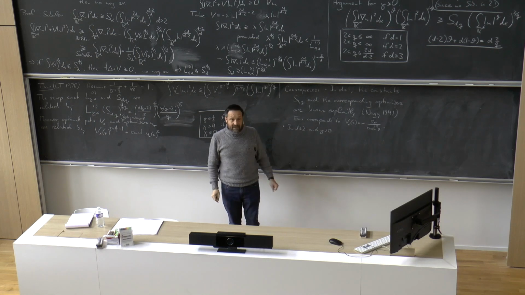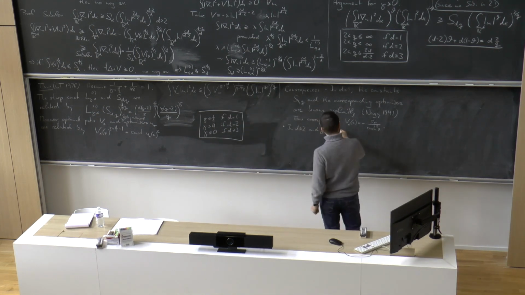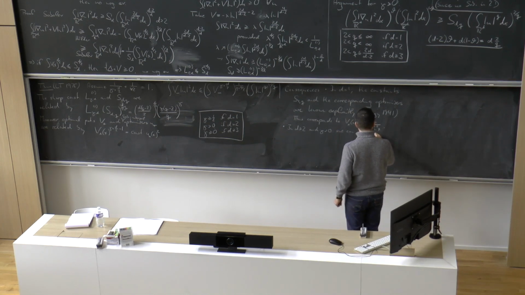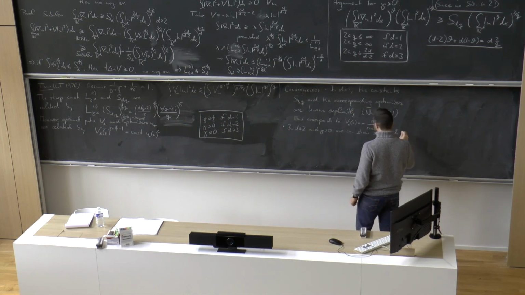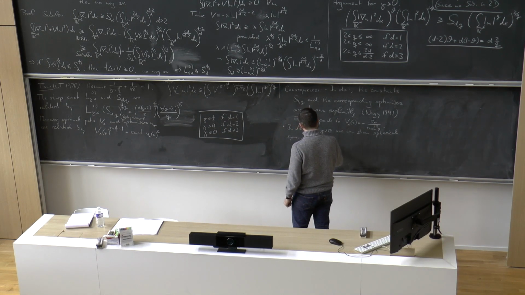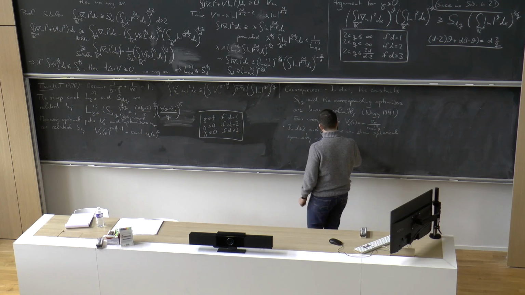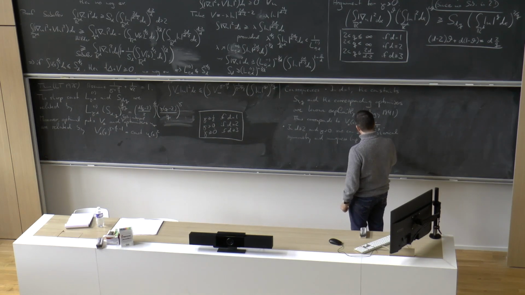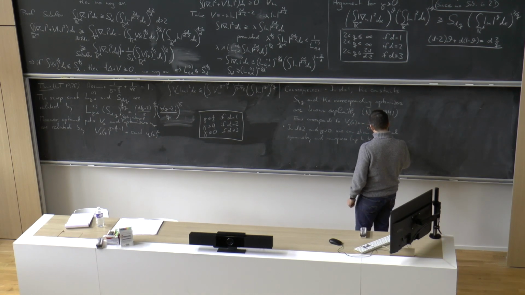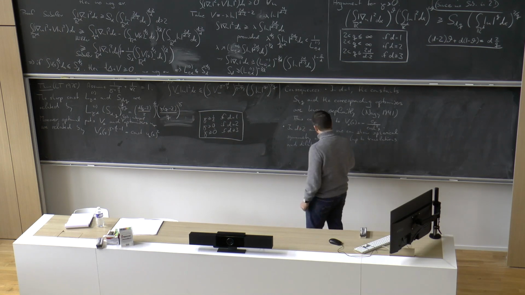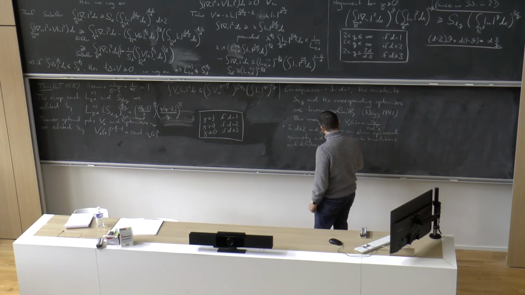But if gamma is strictly positive, one can show spherical symmetry and uniqueness, up to translations and dilations, of optimal potentials.